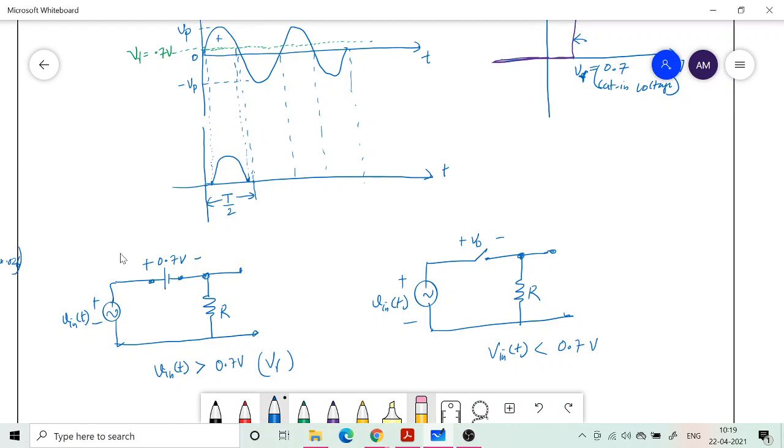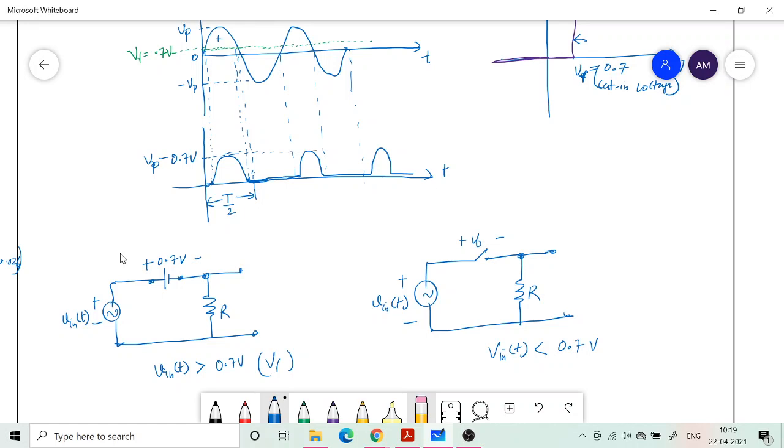So the remaining time, more than T by 2, it is going to remain 0, and then again like this. And this level is also important. Now it is Vp minus 0.7 volt. So it is not going up to Vp, it is a little less.